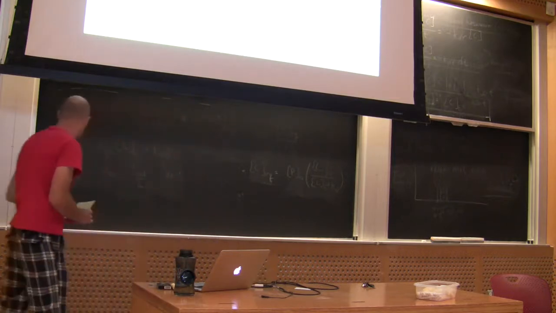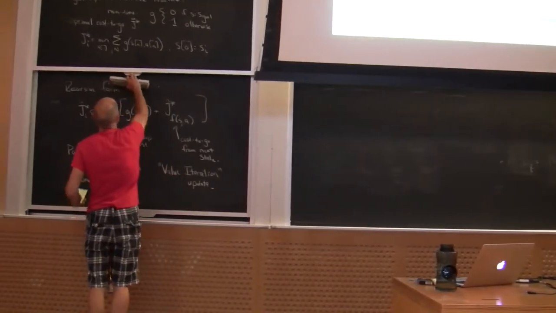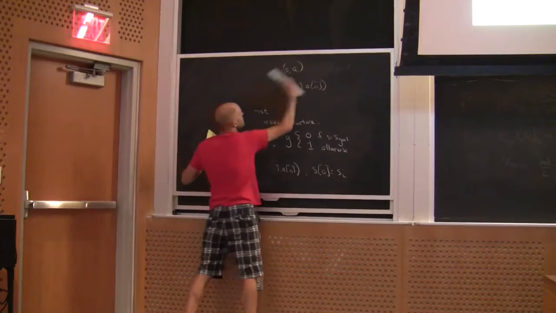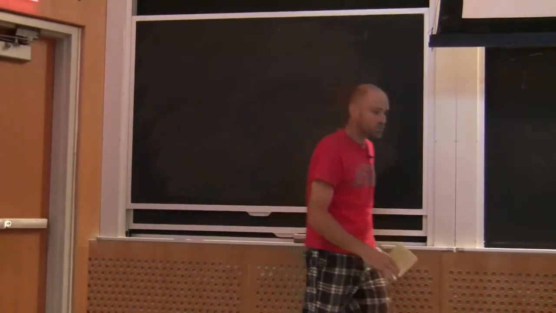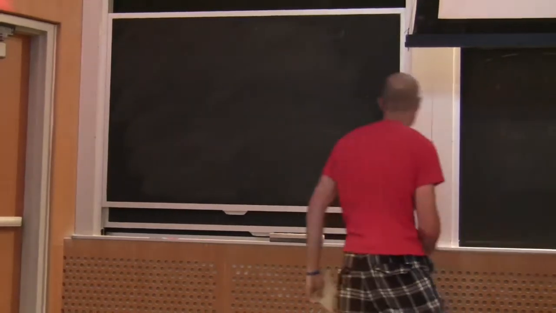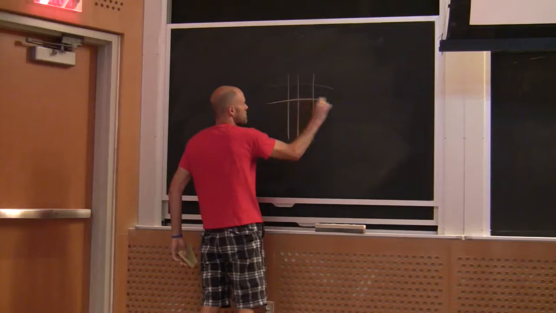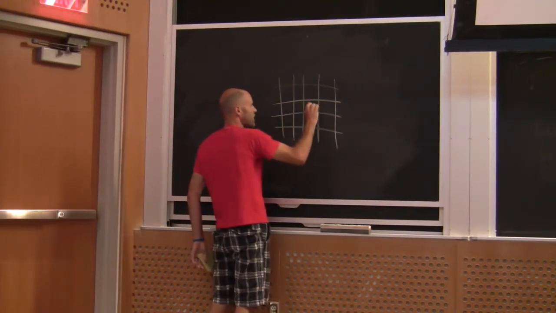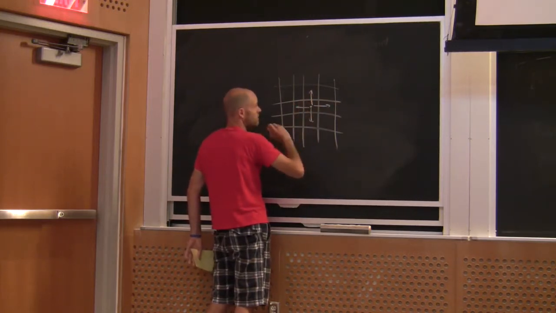It lives on a grid, and its actions are stay put, move up, move left, move right. I said that backwards, move down.